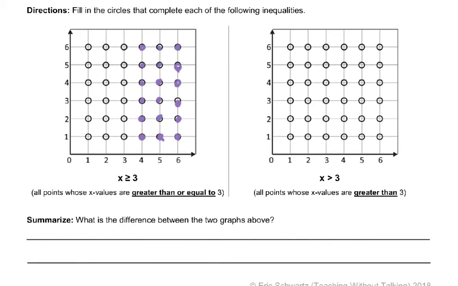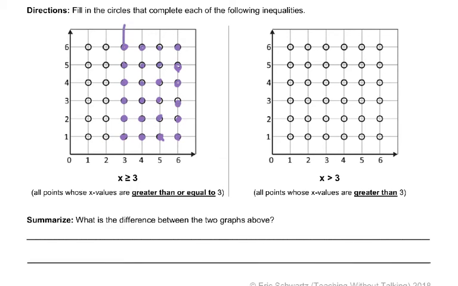What about 3 exactly? Well, this has an equal part to it. So we're going to also include all the points that have an x value of 3. Now, if I go to an x value of 2, that's no longer greater than or equal to 3. So we're not going to go past that boundary.